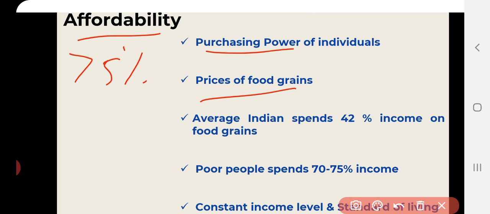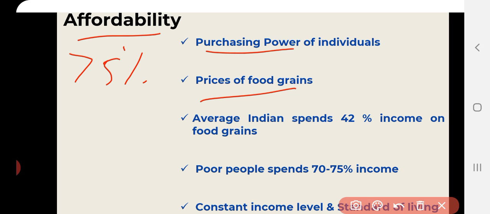But the people from the lower income group spend 70 to 75% of their income just on food grains. Food grains means wheat, rice, millet, maize, pulses, in order to purchase these commodities.